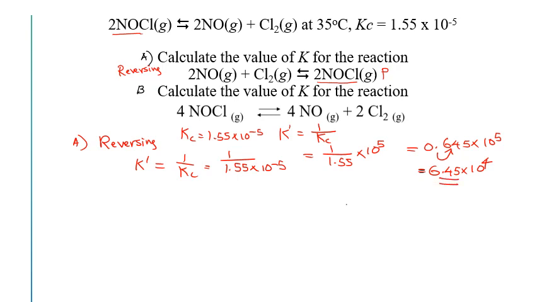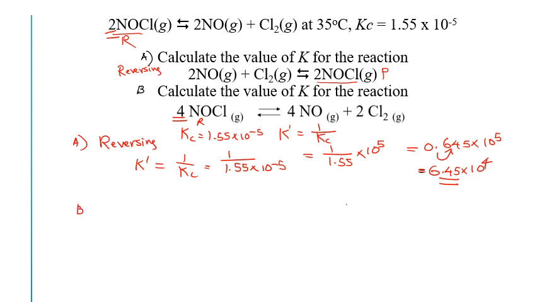And in the second one, what is happening? Calculate the value of K for the reaction 4NOCl gives 4NO plus 2Cl2. What's the change we can see? NOCl is the reactant in both, but the coefficient is 4 here and 2 in the original.